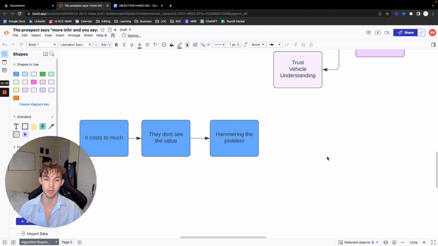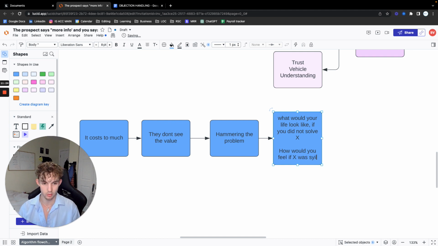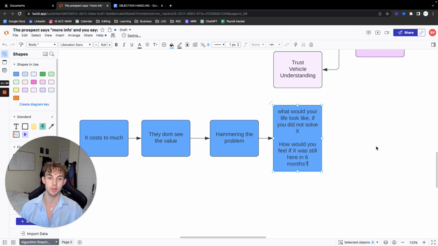And what this would look like in a question is, what would your life look like if you did not solve X? Or how would you feel if X was still here in 6 months? Right? These are questions I would ask to prevent it costs too much.